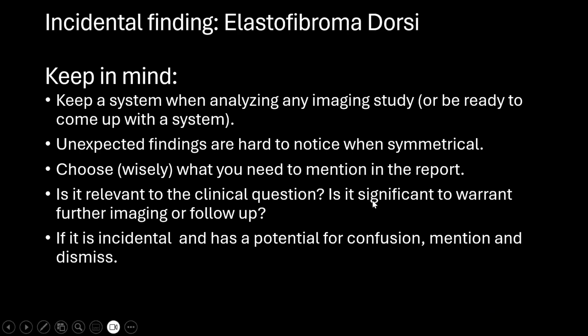So regarding incidental finding in elastofibroma dorsi, we need to keep in mind that we need to have a system all the time when we analyze any imaging study, or if we don't have a system, we need to be ready to come up with a system right away. For example, evaluate structures from the center to the periphery, or superior to inferior, or take the viscera and then take the vessels and lymph nodes. So always be ready with a system that will help you a lot and help avoid any mistakes. You don't want to miss vital findings.